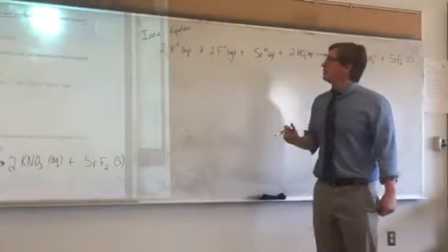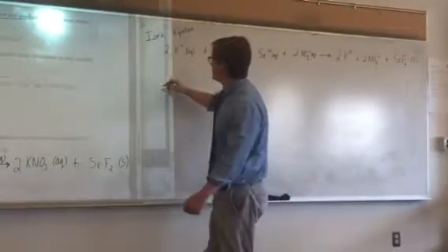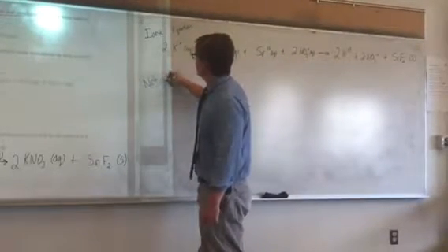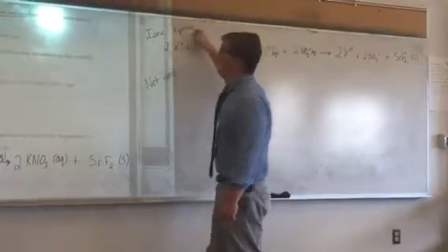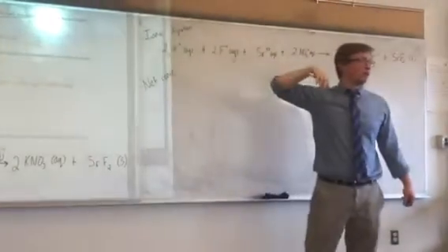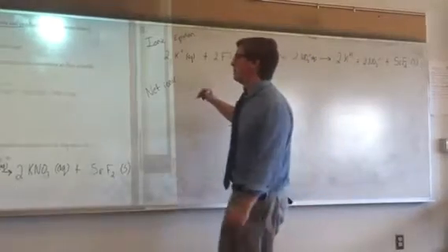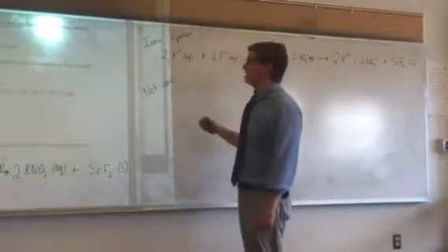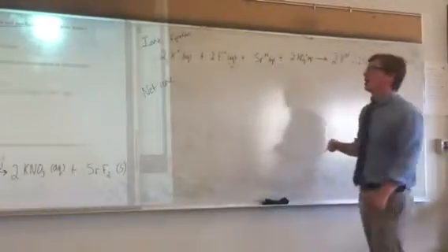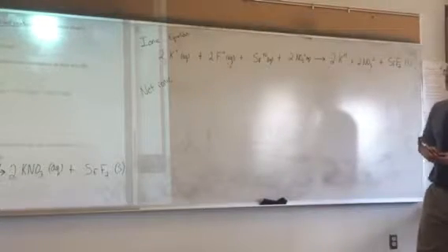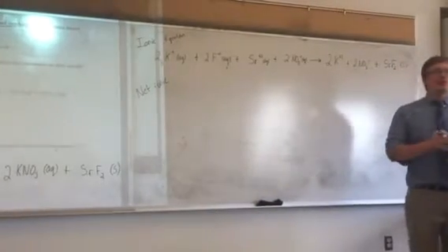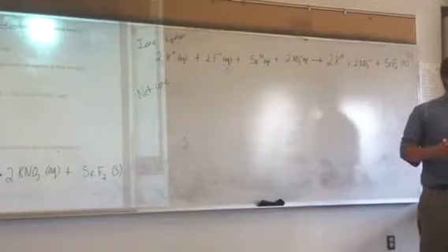So the last part is the net ionic. This is a lot smaller. The ionic equation is almost always really long because you have to write out all of these ions. In net ionic, we eliminate what are called the spectator ions, the ions that are not involved in the reaction.